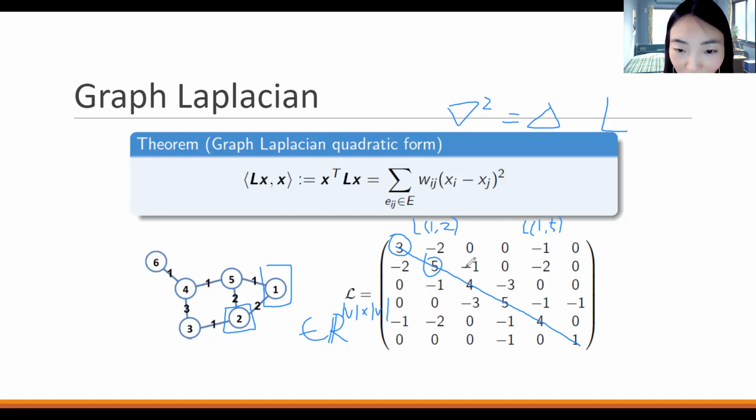And you do the same for the second node. The second node is connected to 1, so you put a negative 2 here, and you put a negative 1 because there is an edge connecting 2 and 3. And also you have an edge going from 2 to 5, so that's a negative 2. So you go ahead and do all of this.